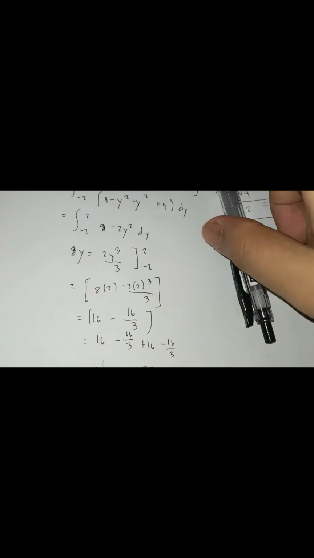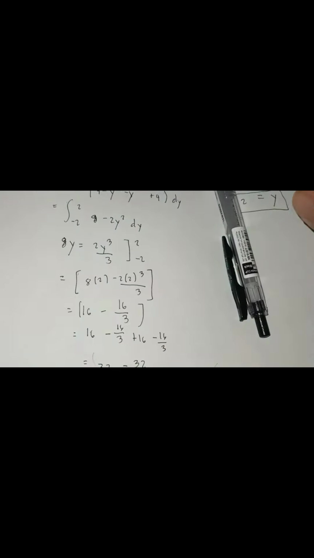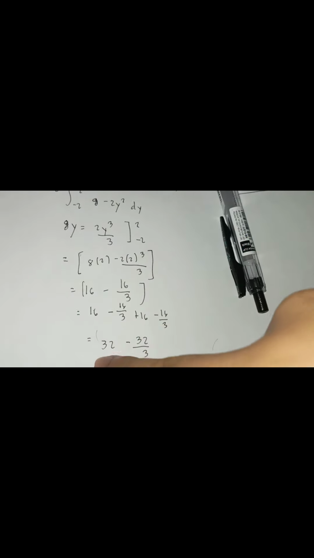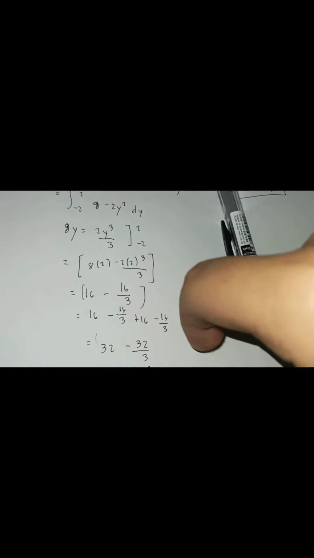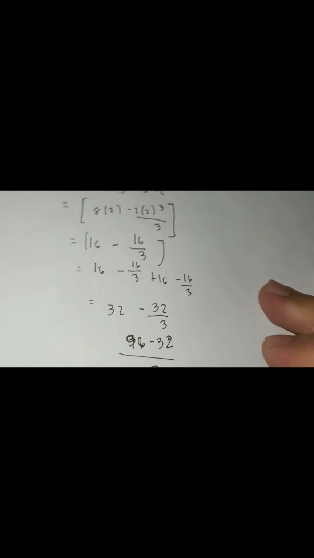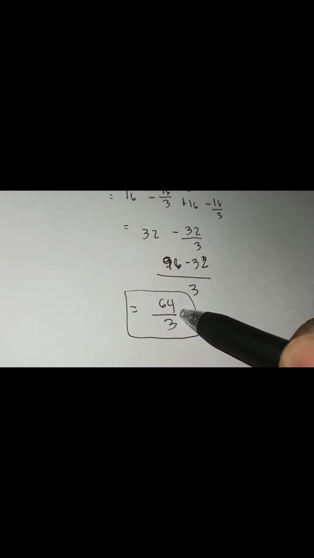Then plugging in negative 2 gives negative 16 over 3 for the lower limit. After that, we distribute the negative sign, and 16 plus 16 equals 32, then negative 16 plus negative 16 equals negative 32 over 3. So now the final solution is 96 minus 32 over 3, which equals 64 over 3.